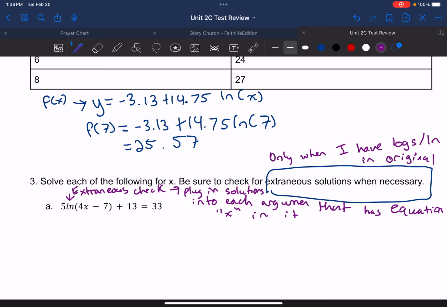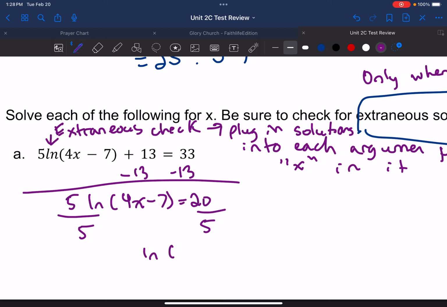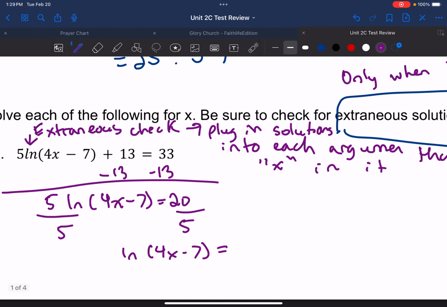I'm going to solve this. So first thing I would do is minus 13, and remember the rest of this section is without a calculator. So when I look at this, I have 5 ln of 4x minus 7 equals 20. Divide by 5 on both sides. That gives me ln of 4x minus 7 equals 4.